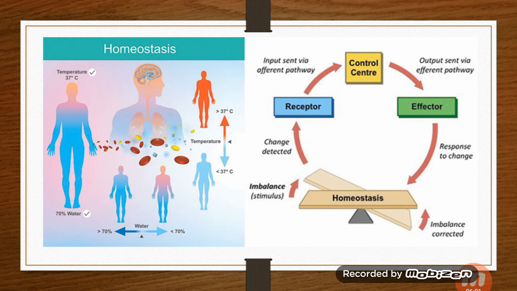The information was sent to the brain that the cup was hot and you retracted your hand back. That was the response produced by the muscles of your arm or your hand, which act as an effector. So this was the response produced by the effector to correct the imbalance in your body.